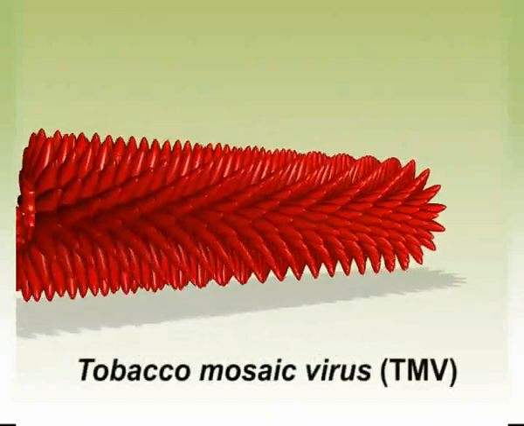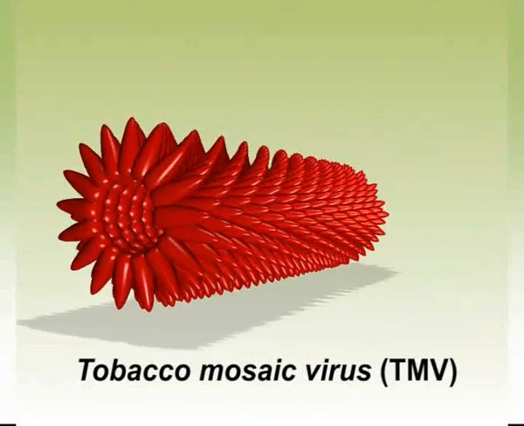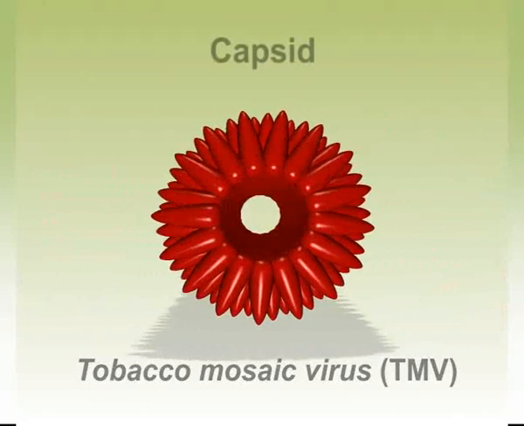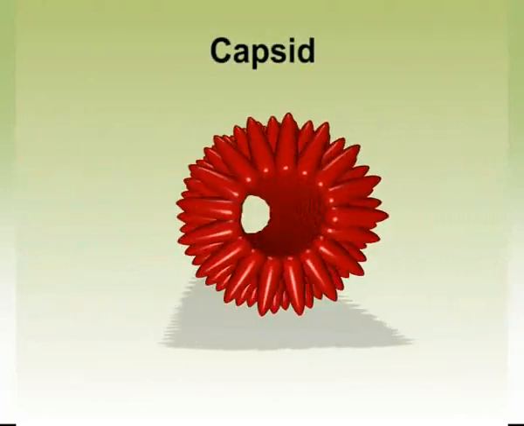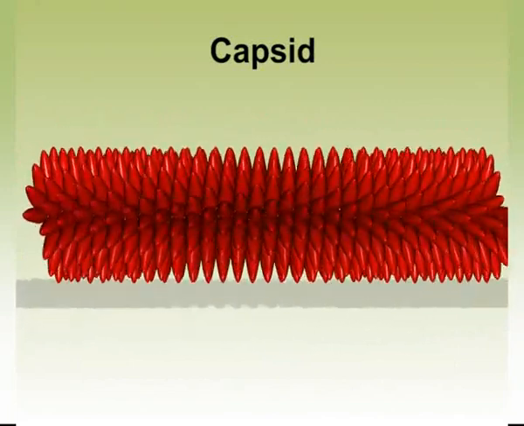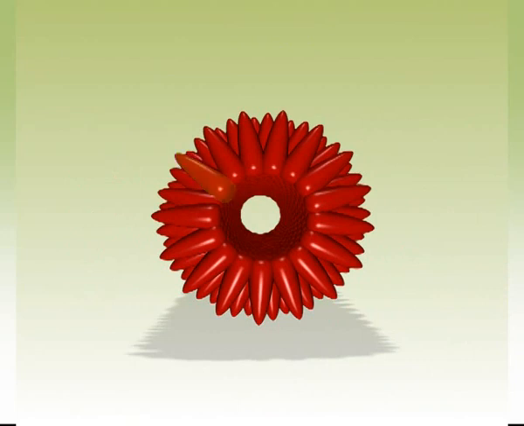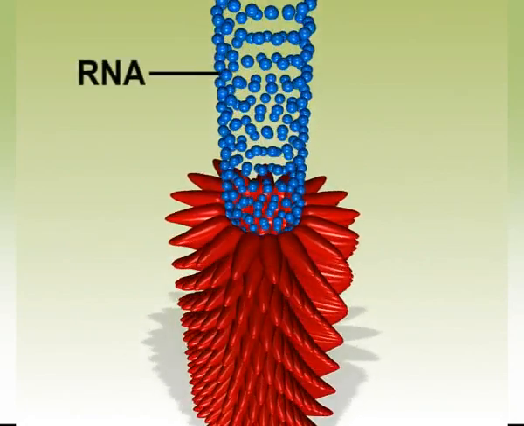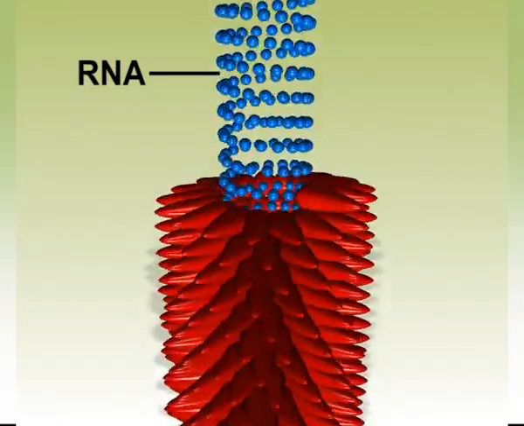This is tobacco mosaic virus, so named because it attacks tobacco leaves, and this is the capsid of the virus. As I had mentioned earlier, capsid is made up of small units known as capsomere. RNA possessing a helical structure is present in the hollow cylinder of the capsid.